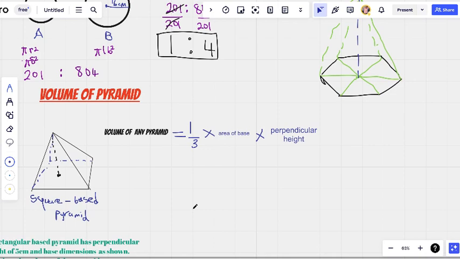So for this case, let's say for example, if we have a rectangular pyramid. You can have a rectangle and they all meet at a point. This will form a rectangular pyramid because all of this will meet at an apex.